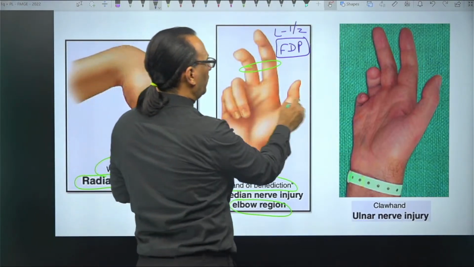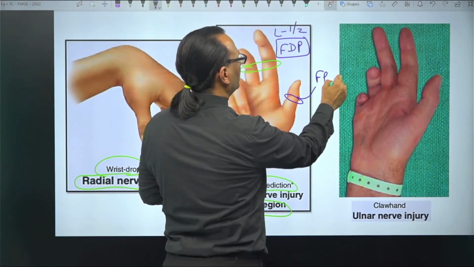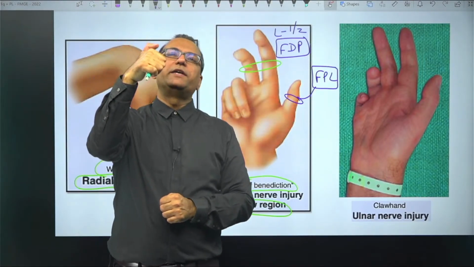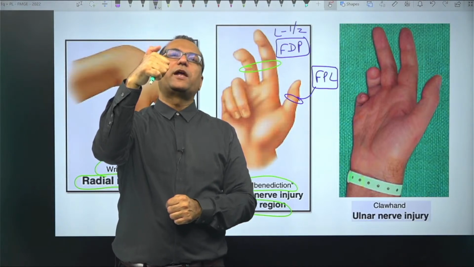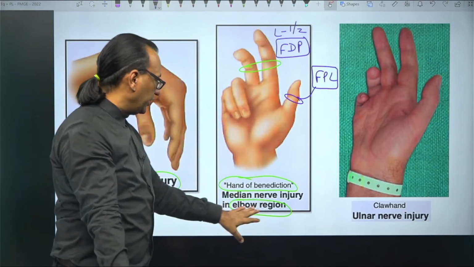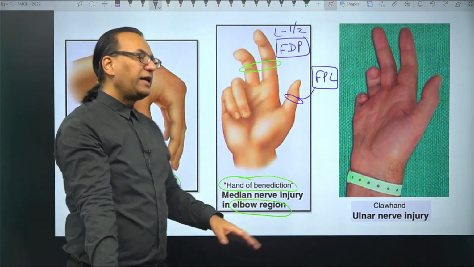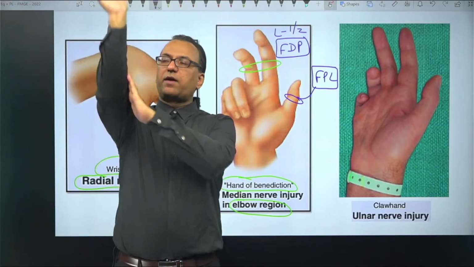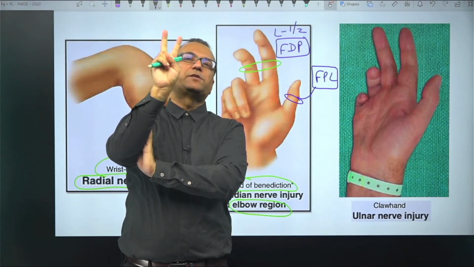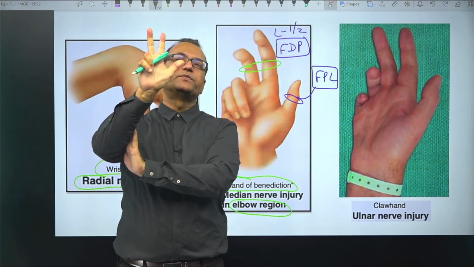You see why? Because flexor pollicis longus, which folds the thumb, is also paralyzed, as it is also supplied by median nerve branches. So if median nerve is injured in the elbow region, you will find some of the flexor muscles in the anterior forearm have been compromised: flexor pollicis longus, flexor digitorum profundus, especially for these two fingers.